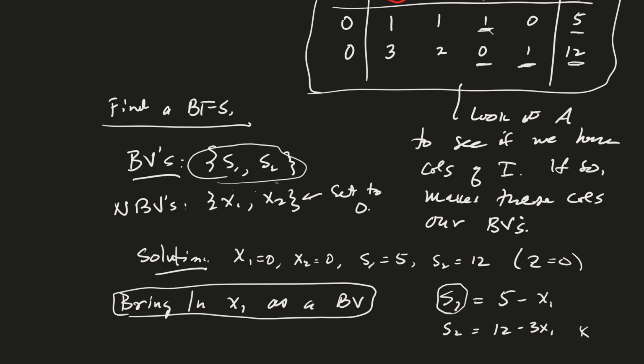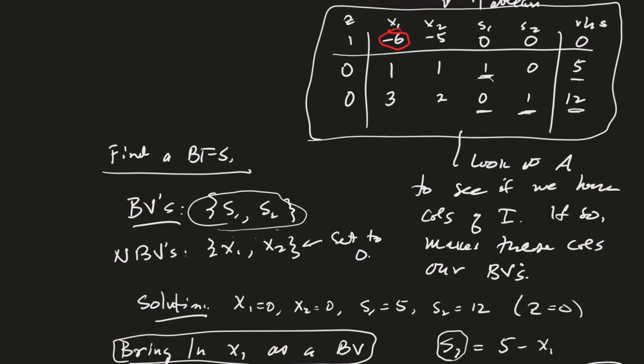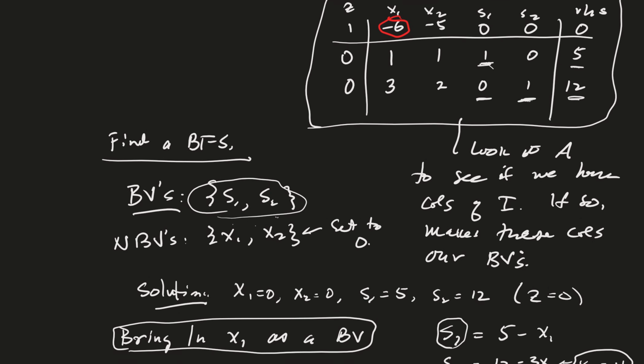Oops, sorry about that. And if I choose x1 equal to 4, then that makes s2 equal to 0, which means that I'm replacing s2 with x1, right? Good. And so what that means up here in our tableau is that the second constraint is our pivot position.